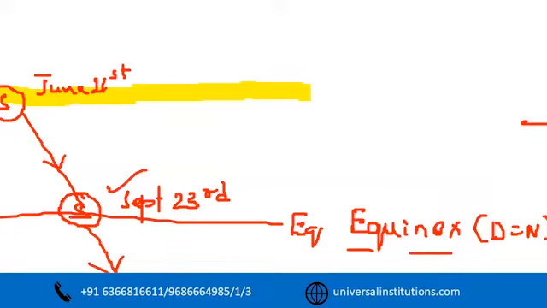Please notice, because of the tilt of the earth, the sun remains between these two parallels. In the month of June, the Sun is over the Tropic of Cancer. In the month of December, on the 22nd, the Sun is over the Tropic of Capricorn.